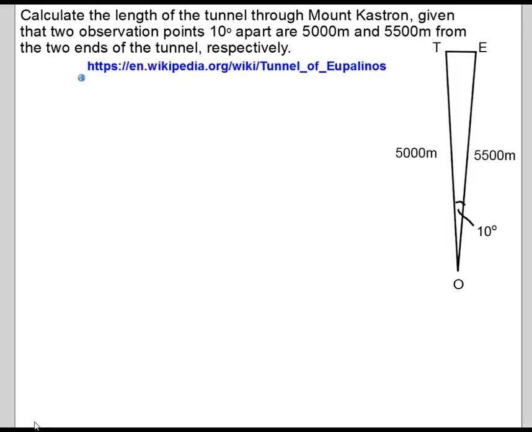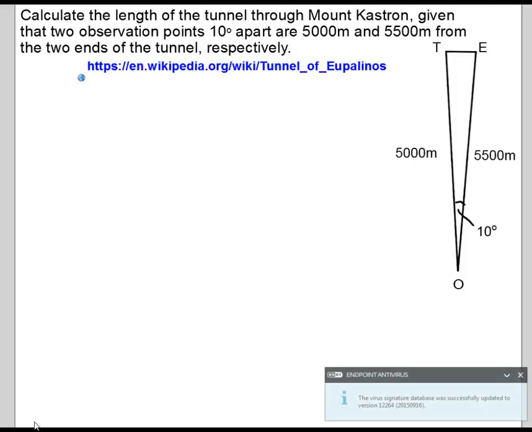Suppose that you saw a mountain in the distance, quite far away, and you could measure the angle of separation of these two tunnel ends. Your observation point is O, and the tunnel entrance and exit are T and E. You're about 5 kilometers and 5.5 kilometers from these ends, with a 10-degree angle of separation.